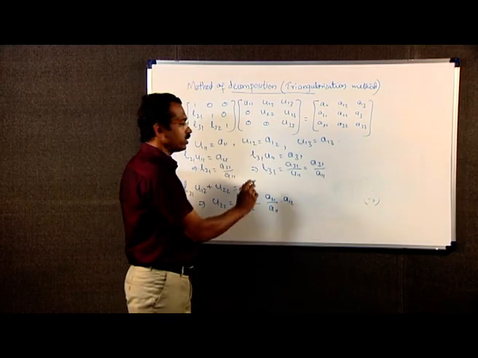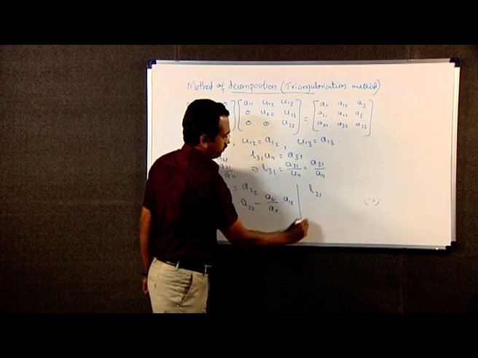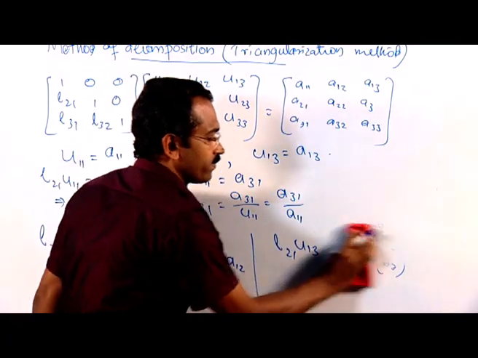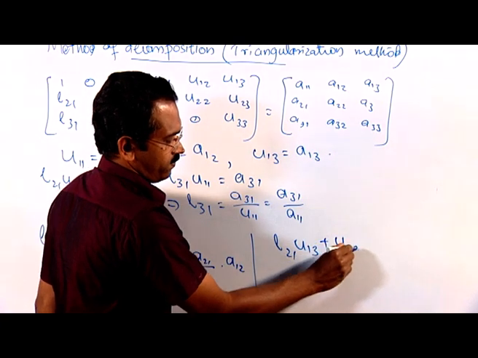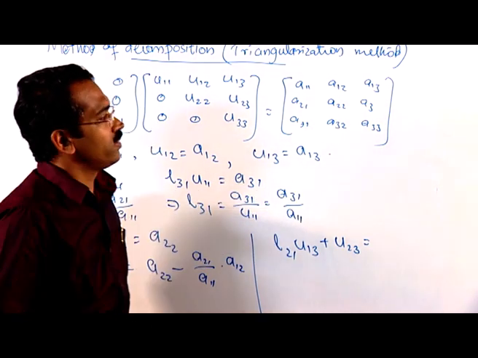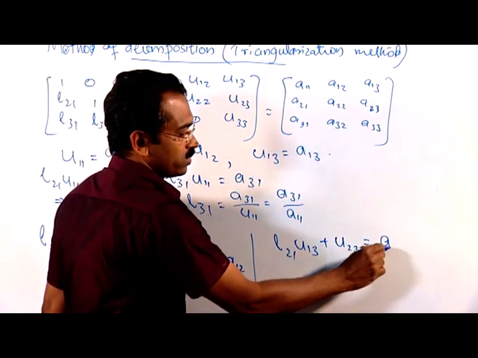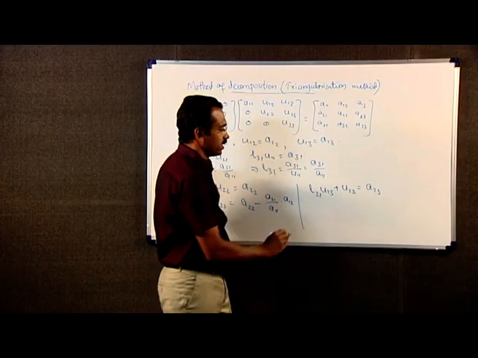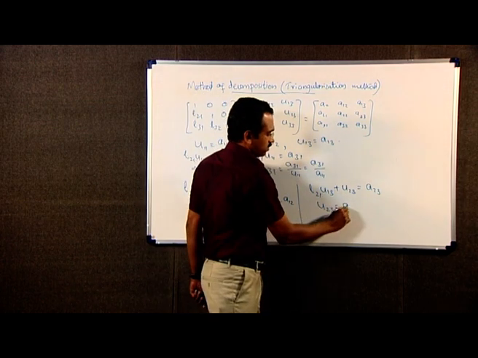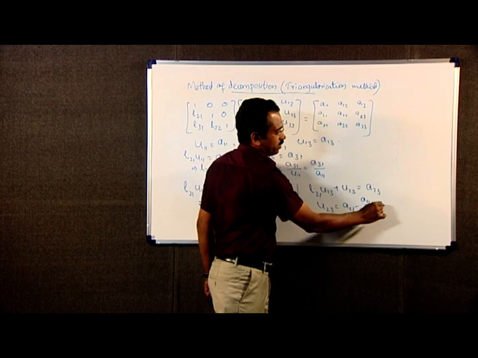And L21 U13 plus U23 is equal to this entry A23, which implies U23 is equal to A23 minus A21 divided by A11 into A13.